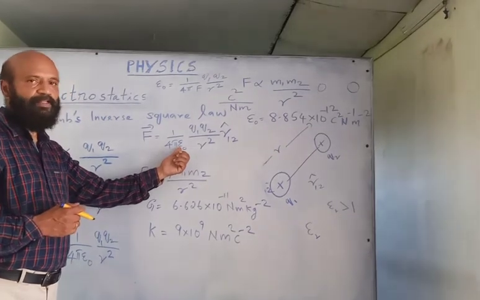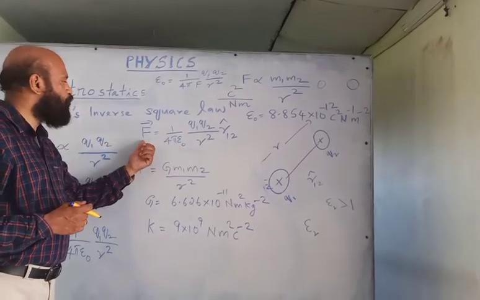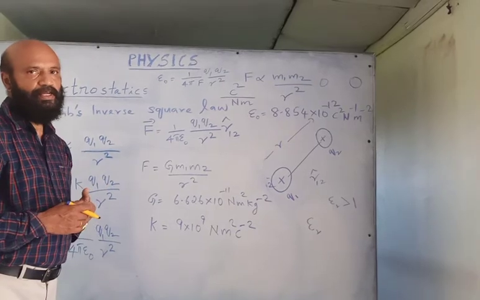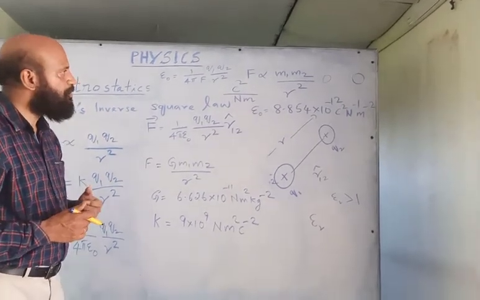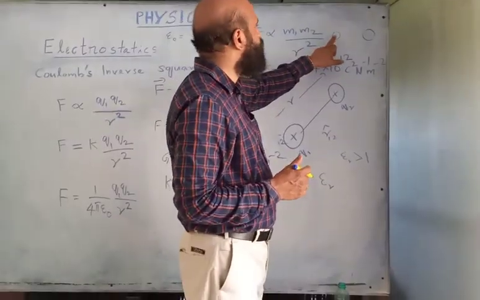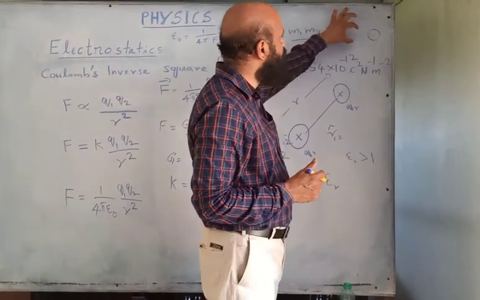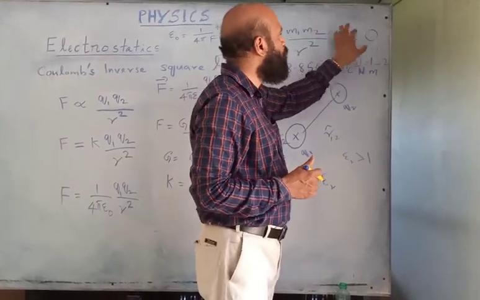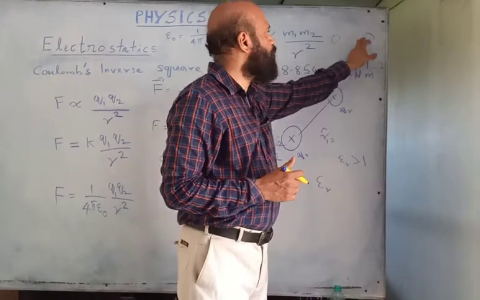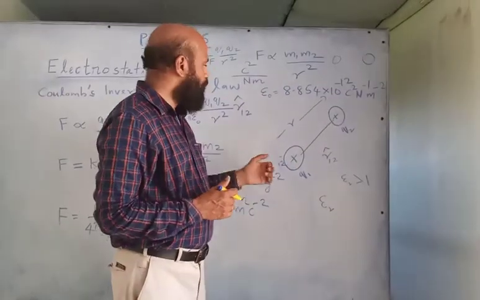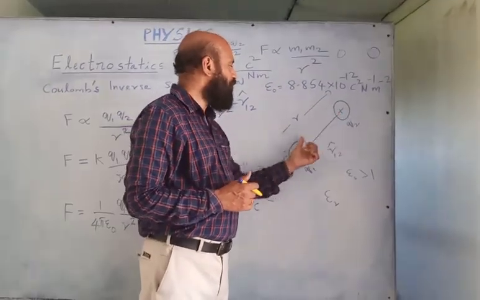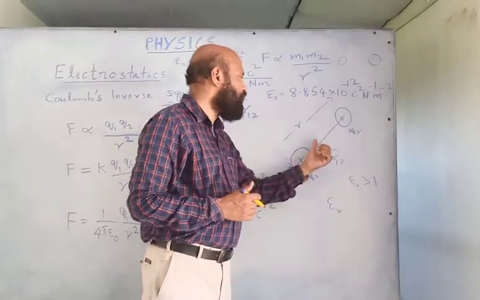If it is kept in some other medium, epsilon. So the force will depend on the medium. Another difference is, in the case of masses, the force will not depend on their motion. But in the case of charges, it will depend on the motion.